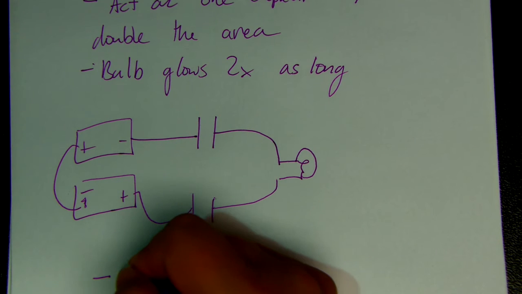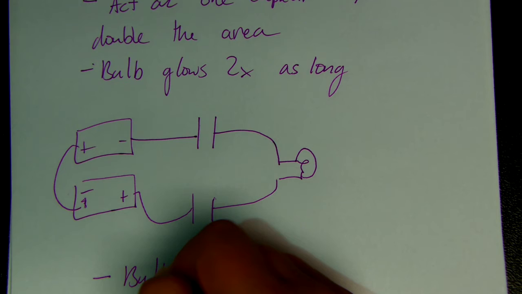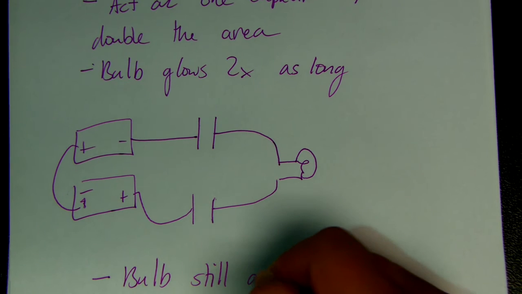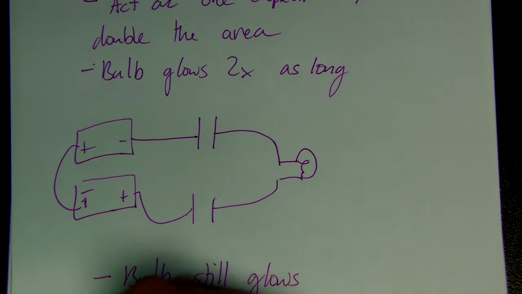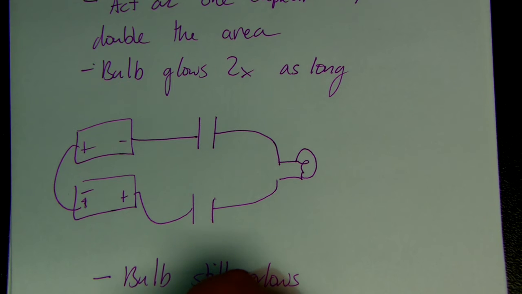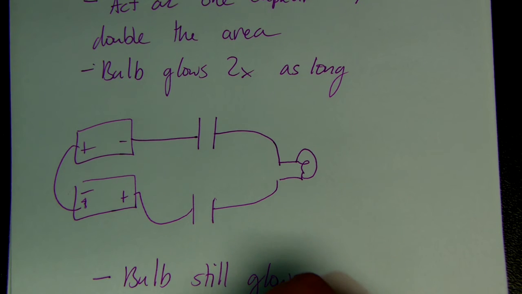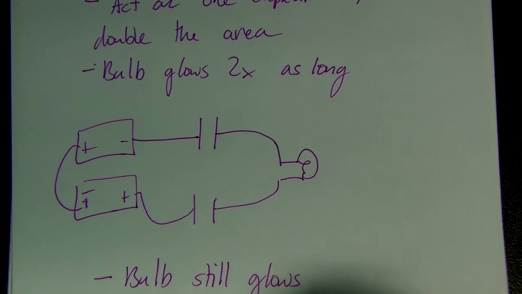And what will happen is the bulb still glows because the electrons still move. Or you could have a circuit, and this is a circuit which actually shows you how capacitors are most commonly used.